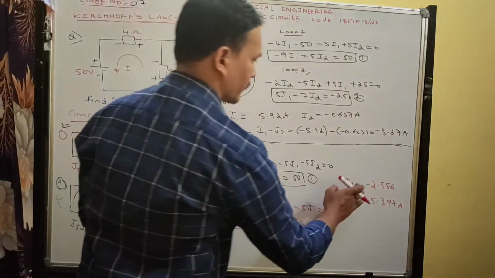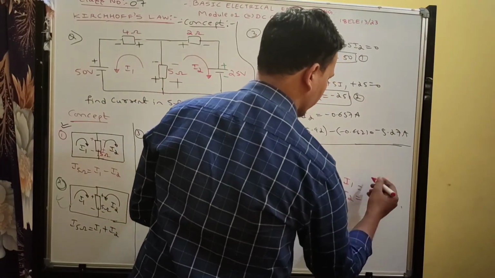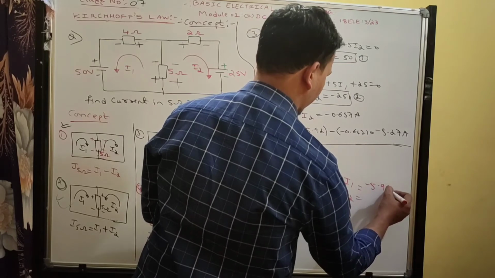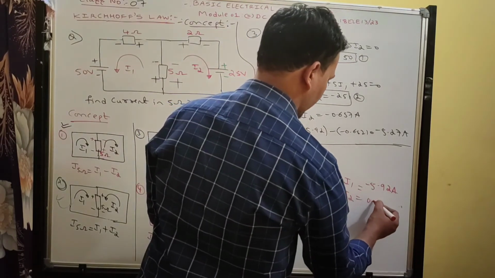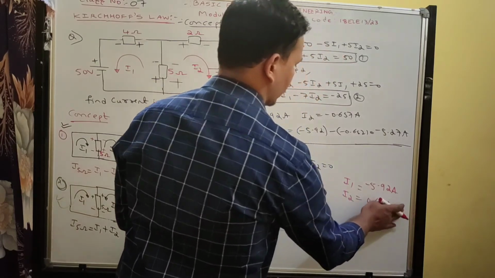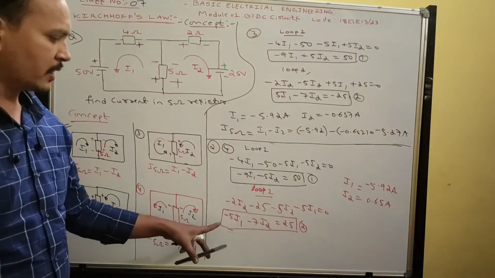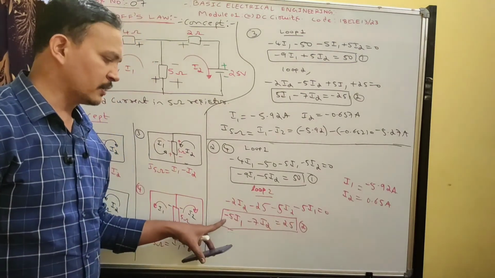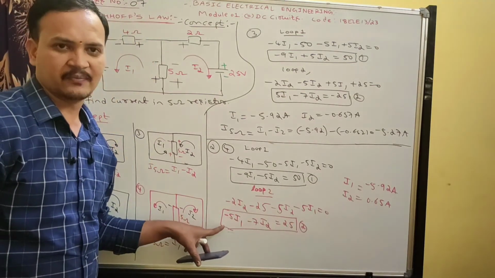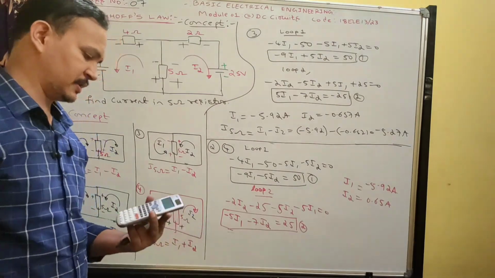Now it is correct. Okay, minus 5.92 amperes, and the other one is plus 0.65 ampere. Guys, don't worry, but you should enter the coefficients properly. See here, I entered minus 5, then I forgot to write minus here. So don't make these silly mistakes.